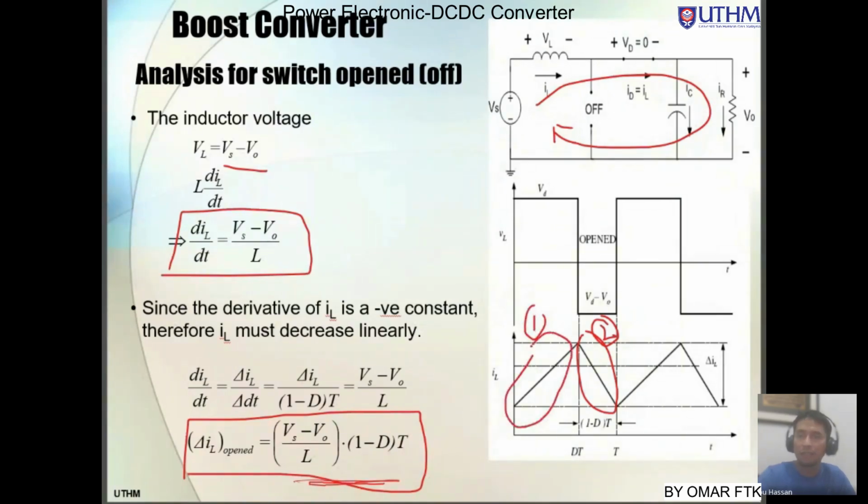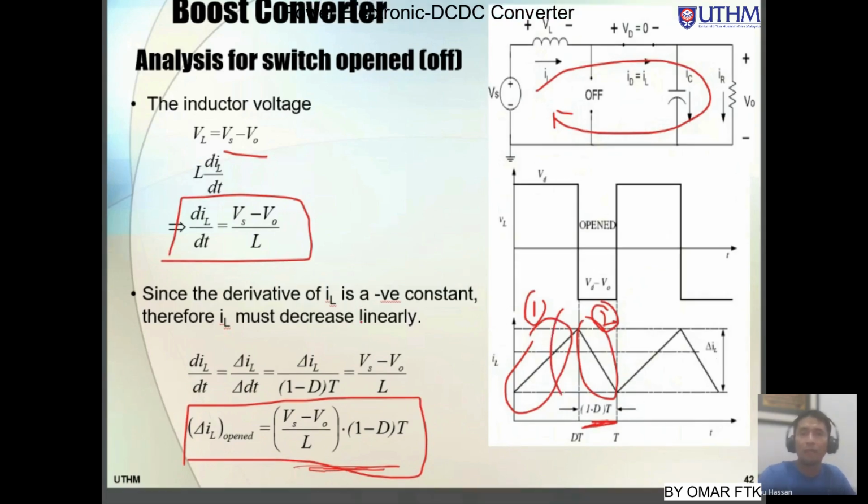So delta IL open is Vs minus V out over L. Same as before, we divide by L, and then times 1 minus D times T. This is during the discharging.